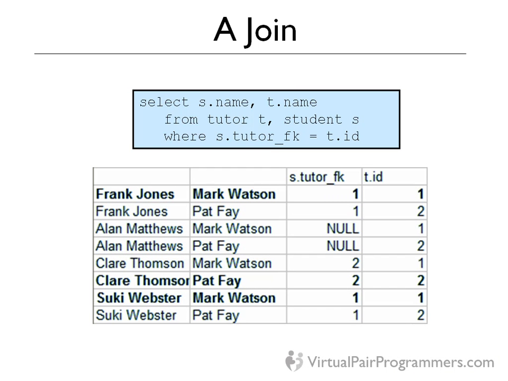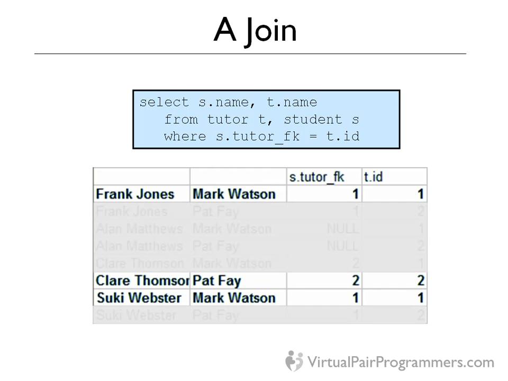The tutor foreign key for Frank Jones is ID 1, and the ID of the tutor in that row is 1. Whereas in the second row, Frank Jones against Pat Fay, the foreign key from the student is 1, and the tutor's ID is 2. And it continues. And then in the final step, just the matching rows are returned.